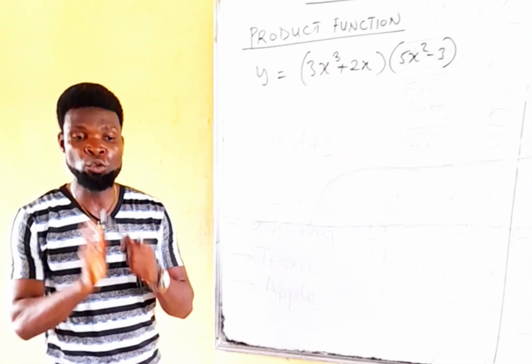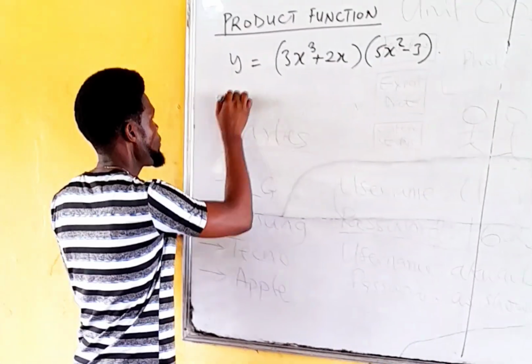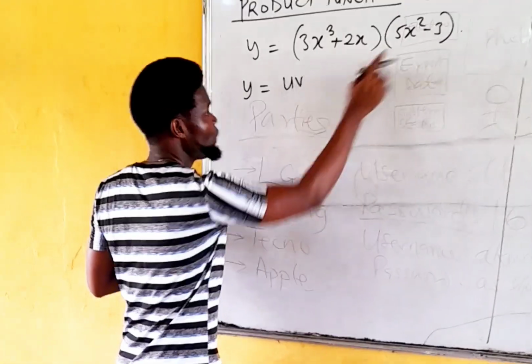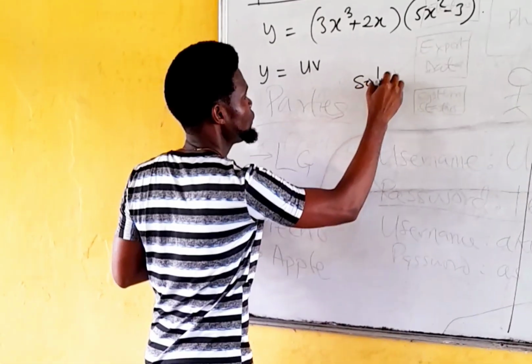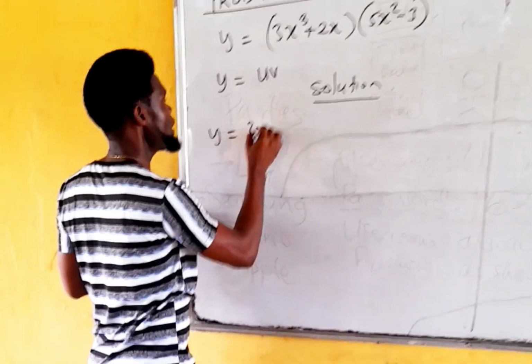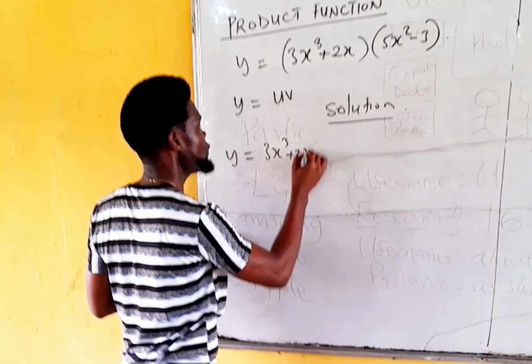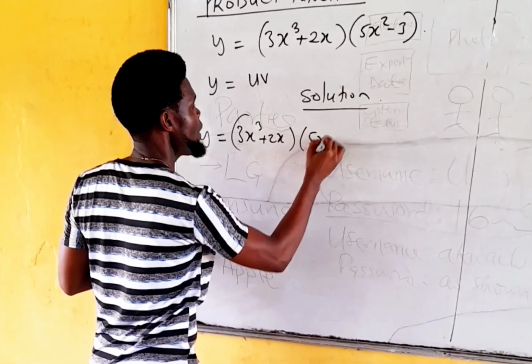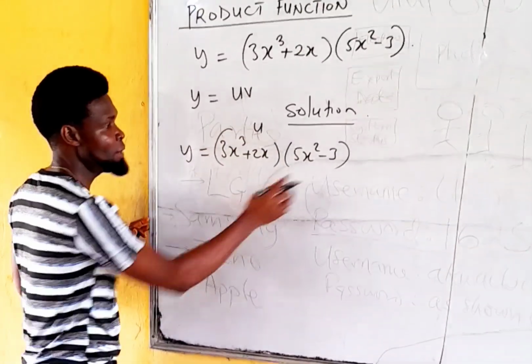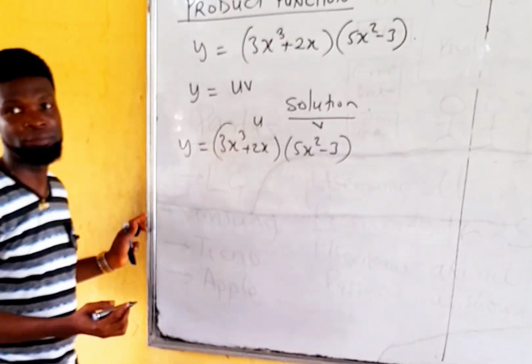And remember, a product function is in the form y equals uv. So looking at the problem here, the solution: if y is equal to 3x cubed plus 2x into 5x squared minus 3, let the first one be u and let the second one be v.